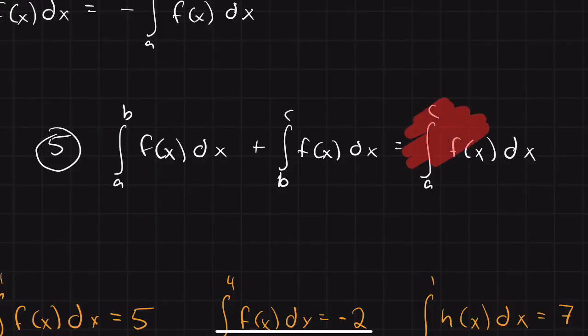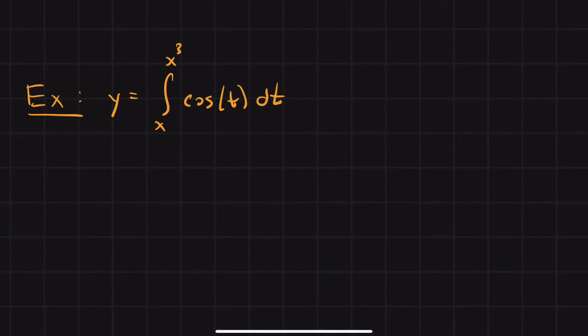If we have an integral going from a to c, we can split that up into two different integrals. The first integral going from a to b, and the second integral going from b to c. So then we can rewrite this integral as two different integrals. The first integral would start off at the lower boundary of x, and it would go to some unknown constant. Let's just call that a.